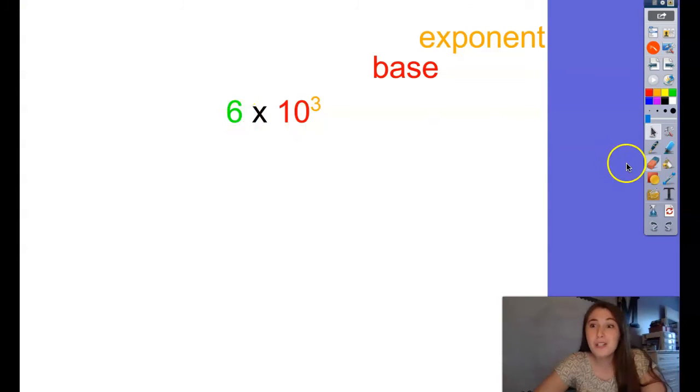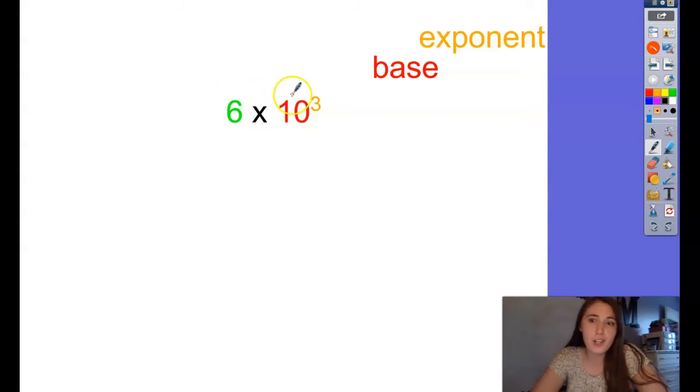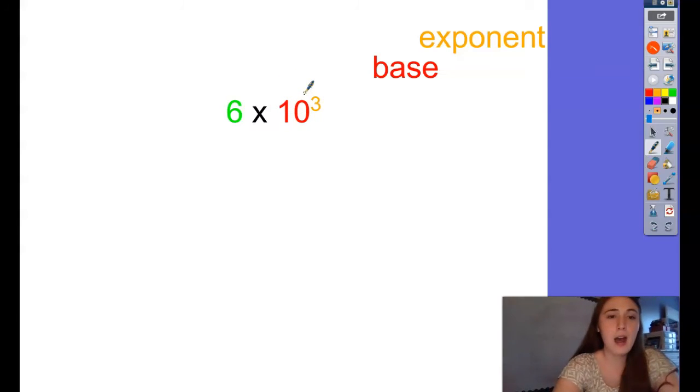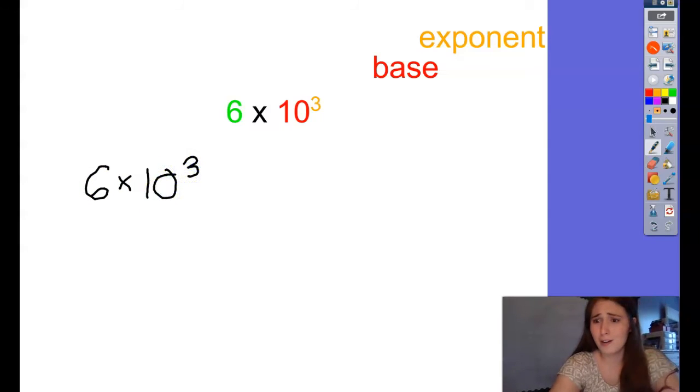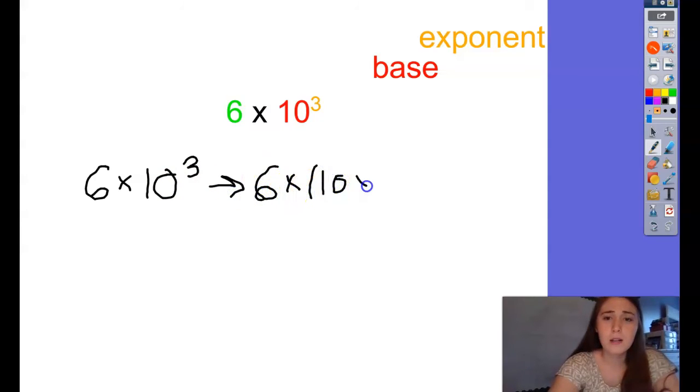So now we're going to look at a bigger number that we're multiplying by. We have 6 times 10 to the 3rd. What this means is we need to figure out what 10 to the 3rd is. Well, what is 10 to the 3rd? I know 6 times 10 to the 3rd equals 6 times 10 times 10 times 10.